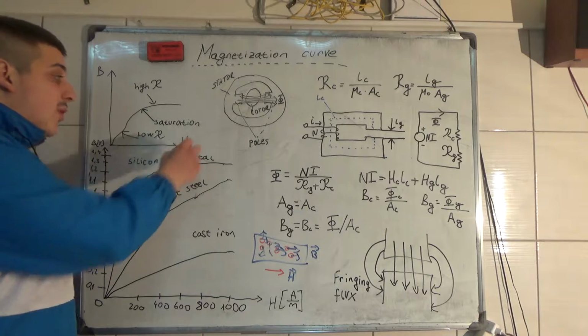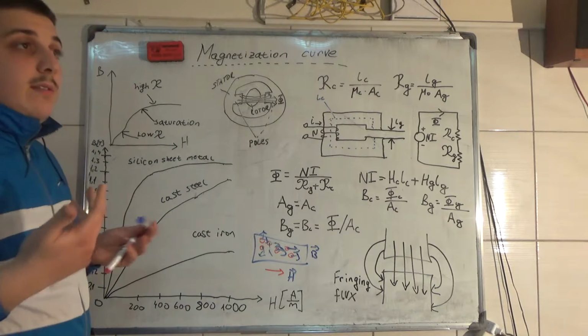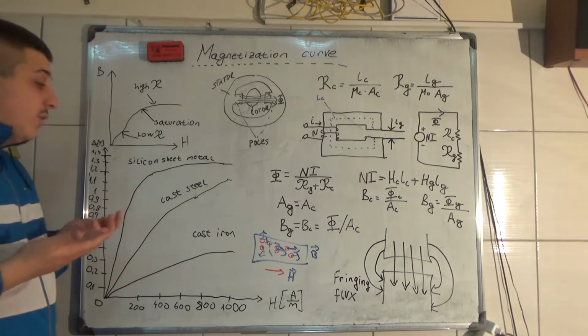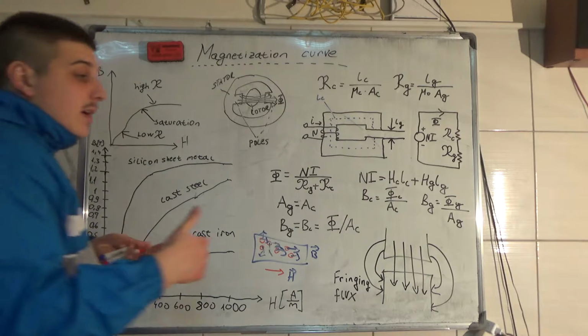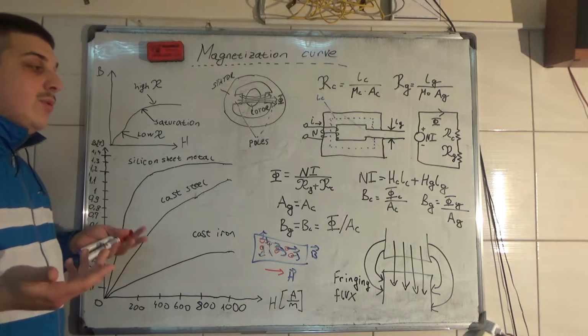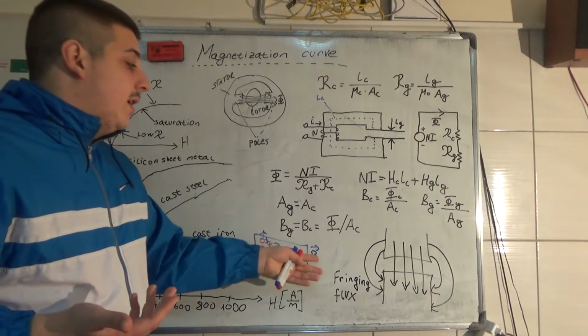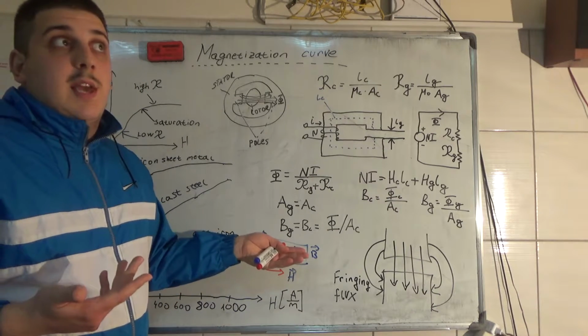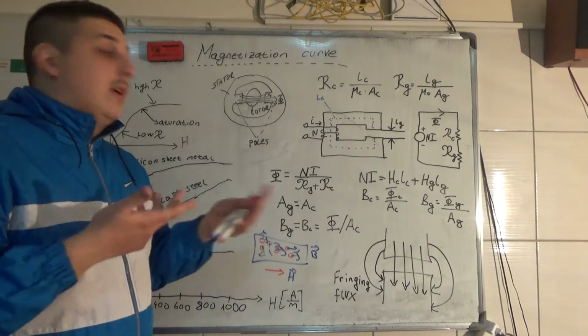So there is a point H that you can go to, but you can pump it as much as you want, and this B will stay the same, so it is saturated.